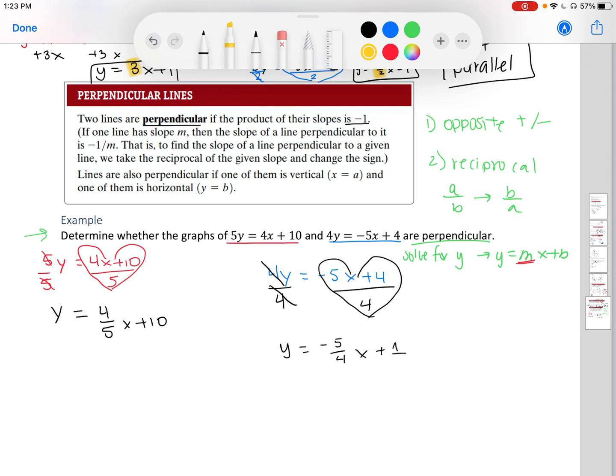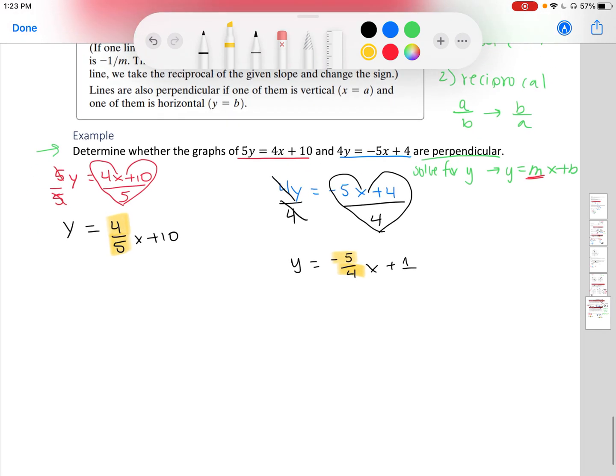Now let's compare the slopes. Is one positive and one negative? Yes. Are they reciprocals? Is one the flip of the other? Yes. So they are opposite reciprocals. So we write these checklists again. Opposite: we see that one is positive and the other one is negative.